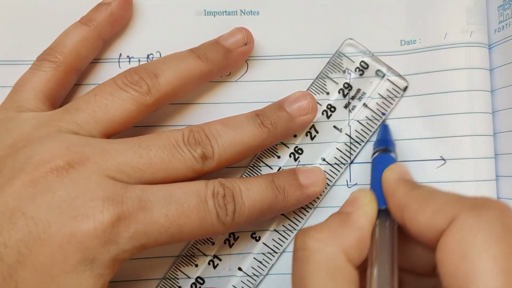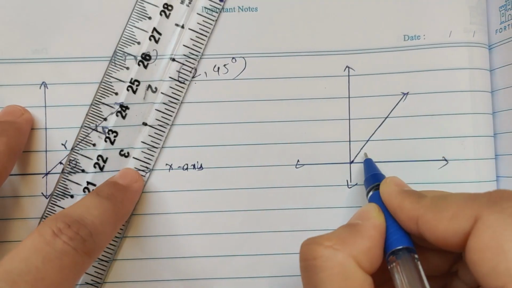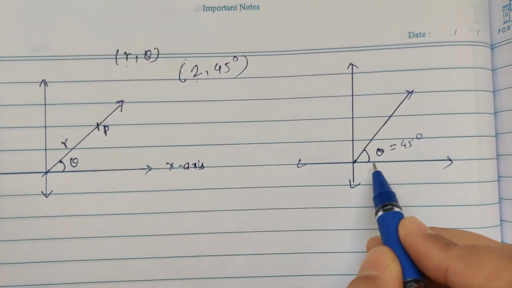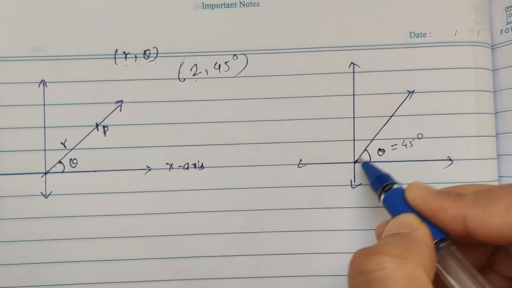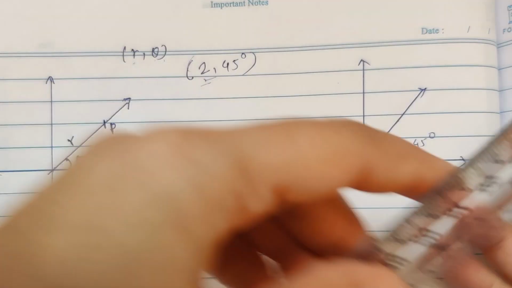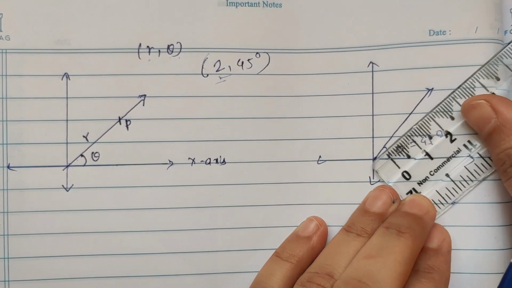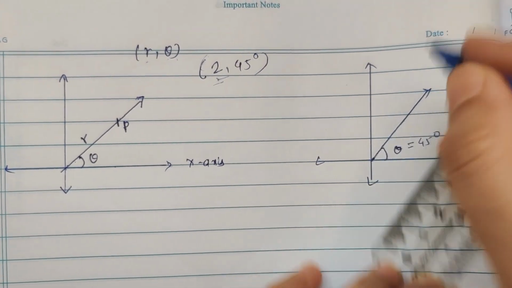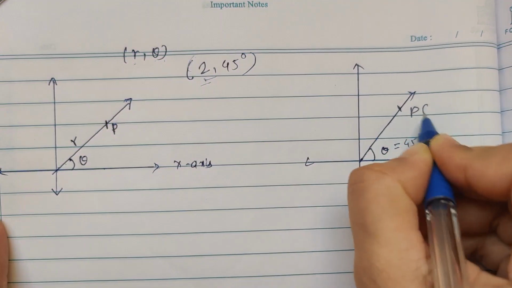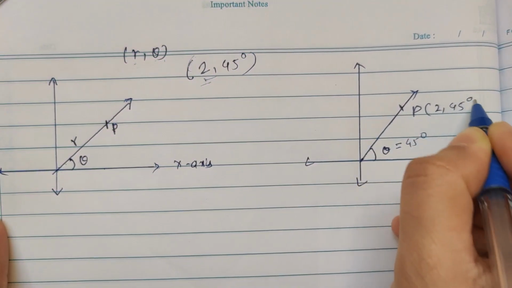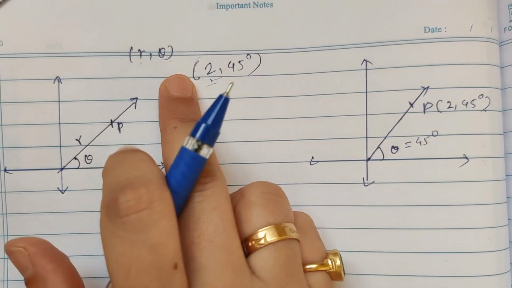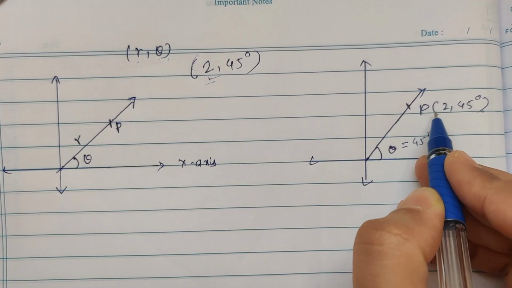After rotation we will get this. This is 45 degrees. Then we have to measure this length as 2. Suppose this is 2, so this will be the point (2, 45). Any point in polar coordinates can be plotted like this.